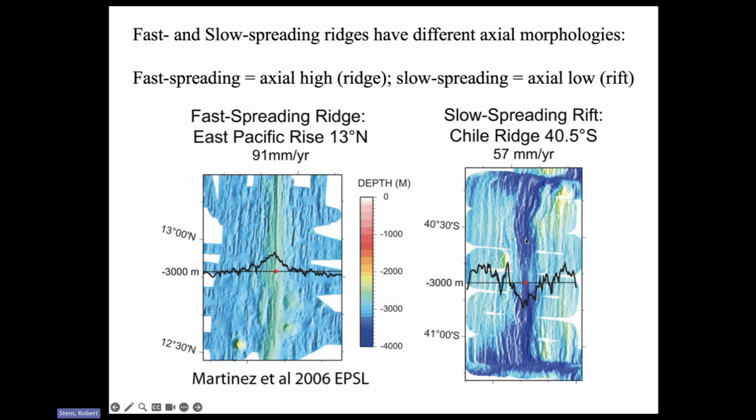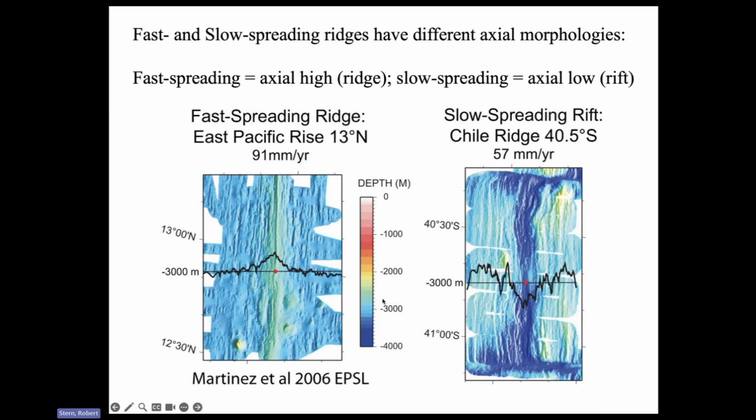These slower spreading ridges have this axial rift that Marie Tharp noticed in the Mid-Atlantic Ridge. The Mid-Atlantic Ridge is a slow spreading ridge. This is a topographic profile along this line, right? So these lighter areas are shallower, these darker areas are deeper. So you've got the rift, and it's separated by two highs like this.